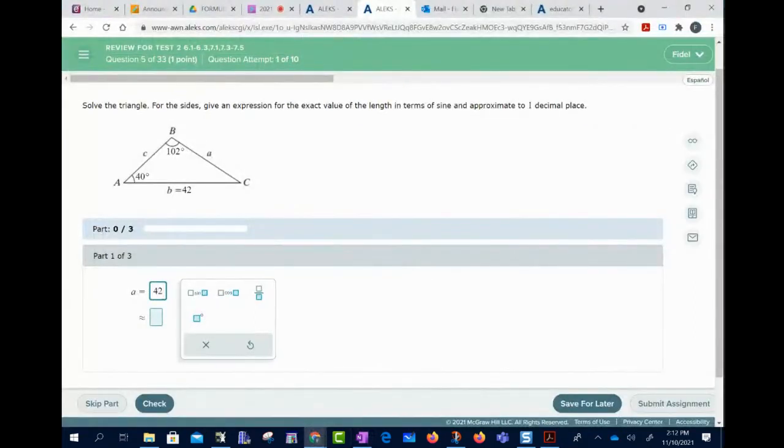So 42 sine of 40 degrees divided by, oops, that's not doing what I want it to do. So we'll go like this. Let's do the fraction first. 42 sine of 40 degrees divided by sine of 102, right?